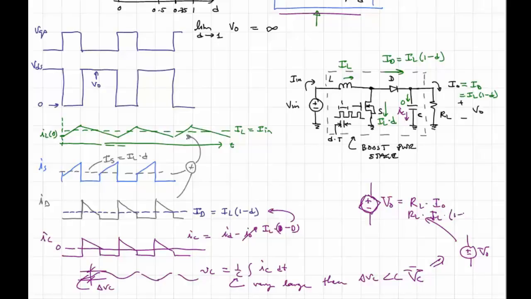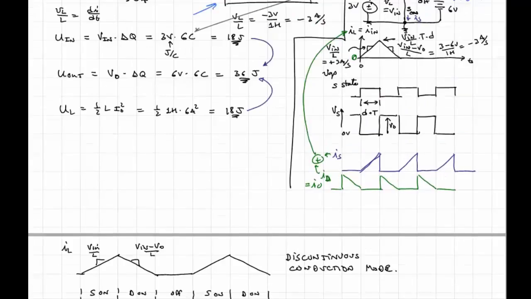So it's not like we literally have a voltage source there. It's that we have a capacitor and a resistor that over a switching period doesn't change its voltage much, and so we can treat it as having a fairly constant voltage. But in the long run, if it's going to stay a constant voltage, we have to satisfy the condition that the average current flowing into that cap is going to be 0. Otherwise, the voltage across that cap would be integrating up or down.